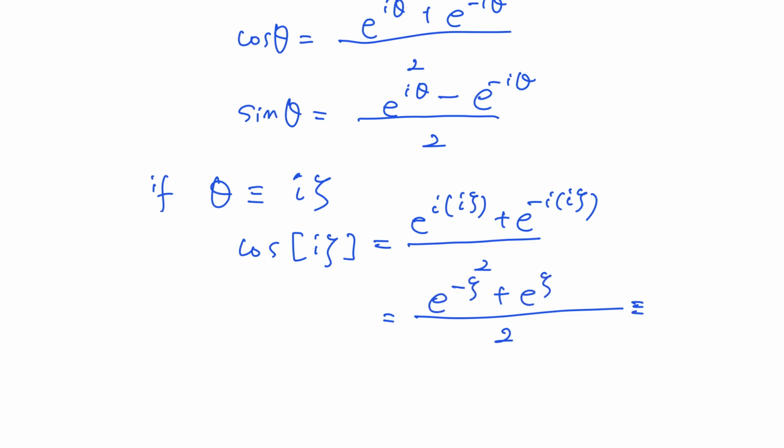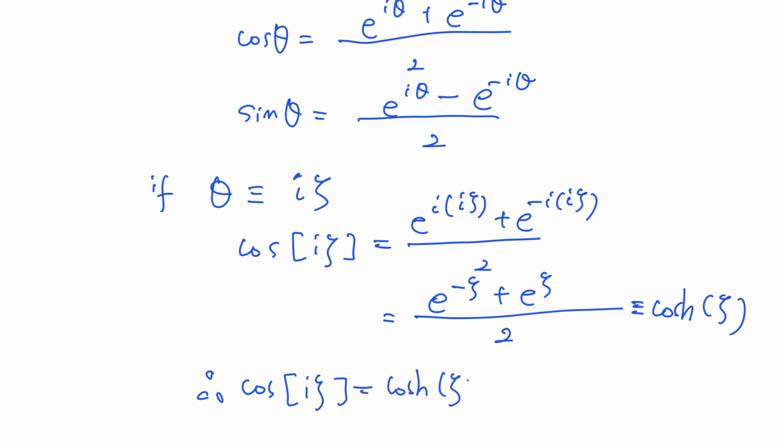That is cosine hyperbolic zeta, right? So cosine in complex numbers and cosine hyperbolic functions are related to each other. So cosine i zeta is cosine hyperbolic zeta.